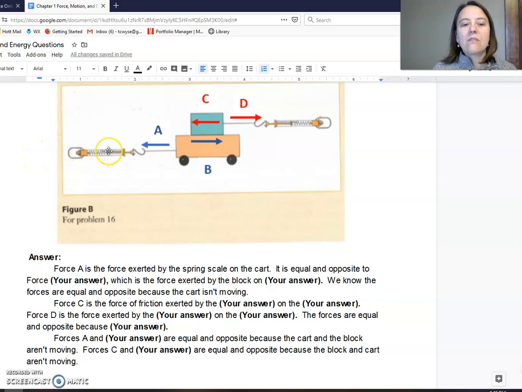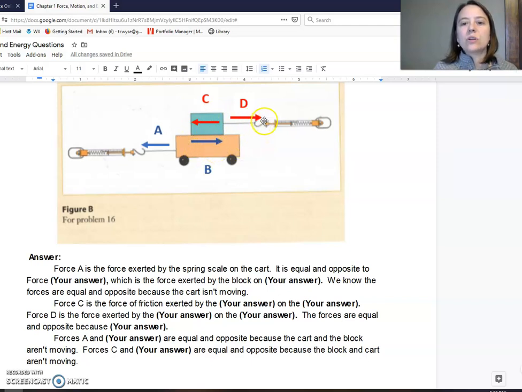So we have our cart and our block and our spring scales. Force A is moving this way, and it is the force of the spring scale on the cart. Then force B is moving this way, and it is the force of friction from the block on the cart.